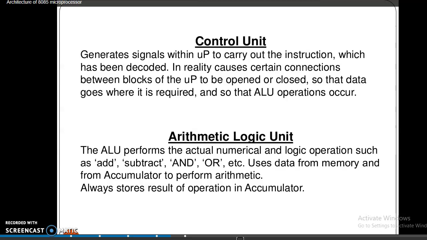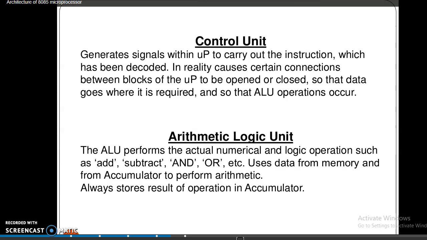In reality, it causes certain connections between blocks of the microprocessor to be opened or closed, so that data goes where it is required and so that the ALU operations occur. So the control unit is the most important thing because the signals are carried out and passed from this unit to the other peripheral devices.